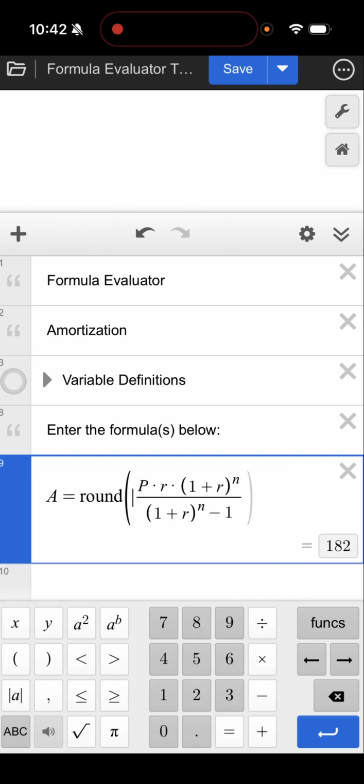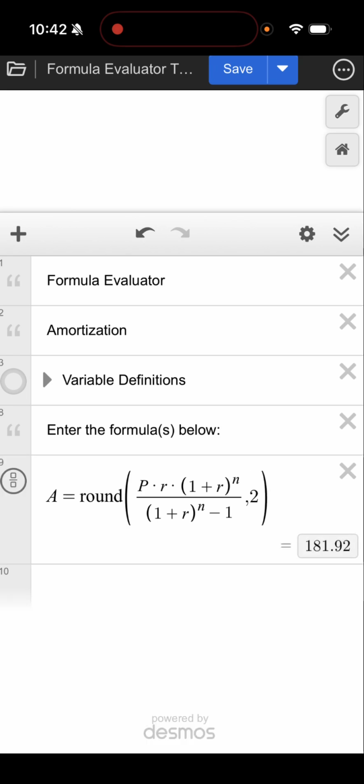There it is. So I do round, and then notice it puts a big parentheses around it, and then I close the parentheses. Now, that rounds it to a whole number. We want 2 decimal places, so next to your formula, put a comma and then put 2. And now it gives me the payment rounded to the hundredths, which is what we need. We need dollars and cents, right? This is the money that we're going to spend.